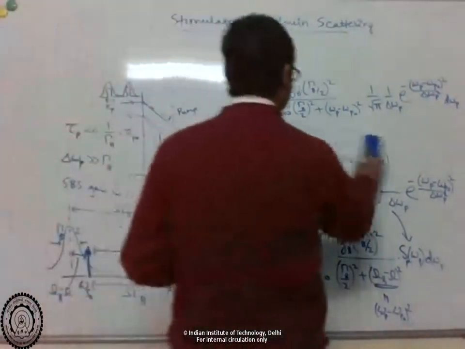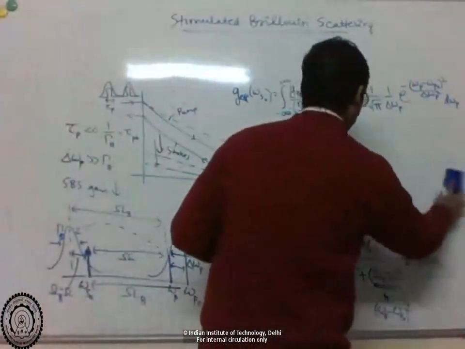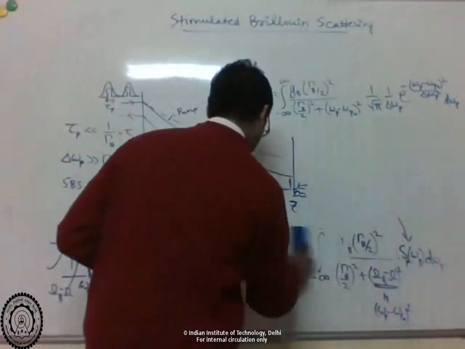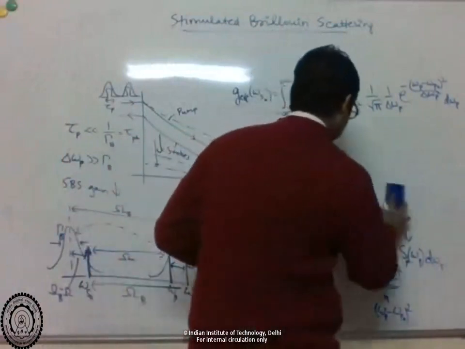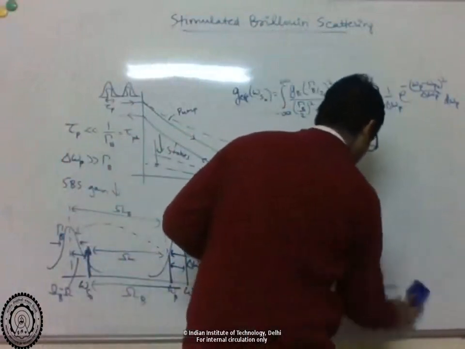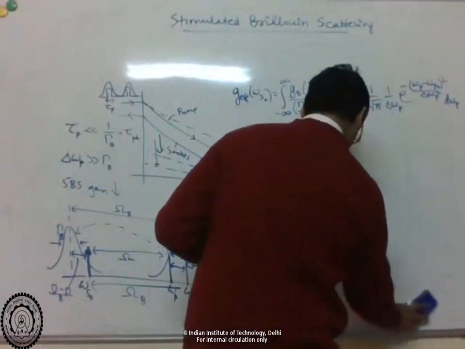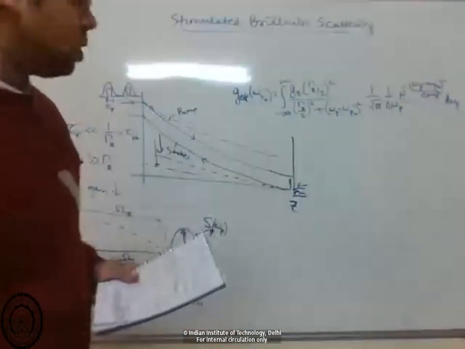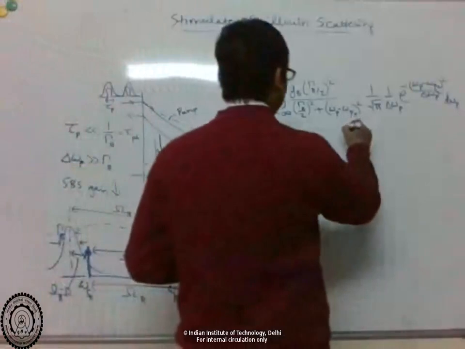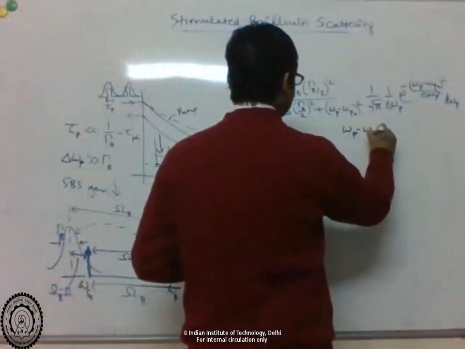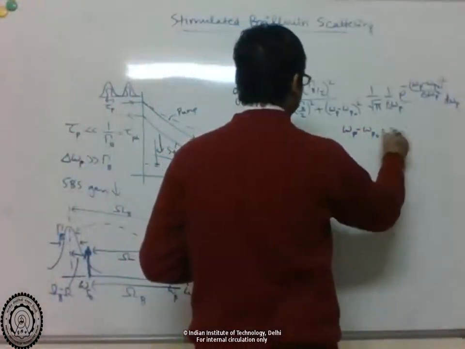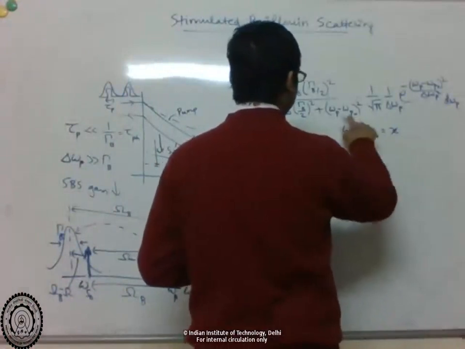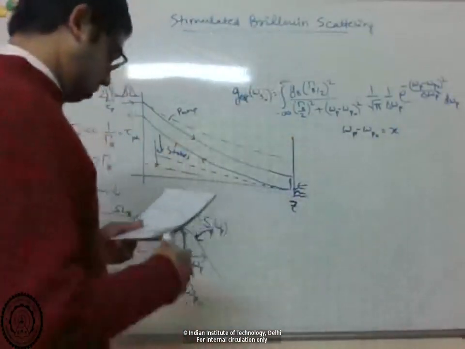To evaluate this integral, we can do a change of variables. We can define this quantity omega p minus omega p naught as x.